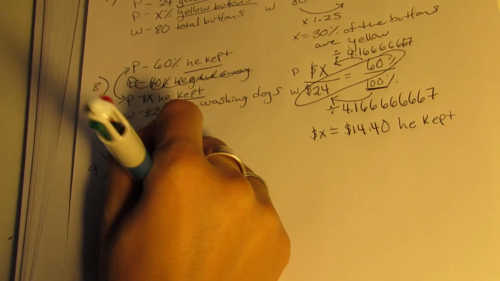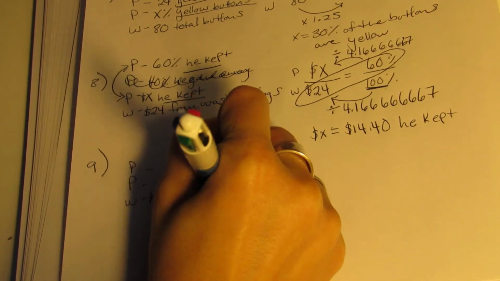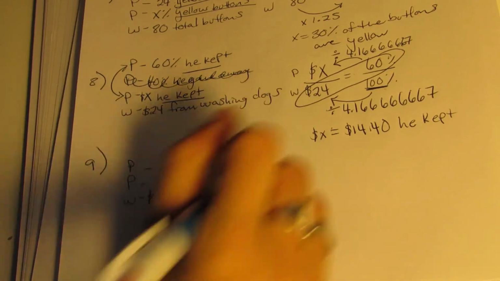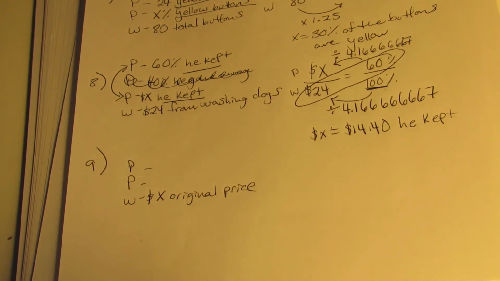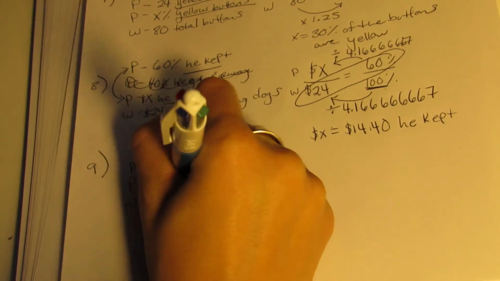So we don't know what the original price is of those tennis shoes. That's what we're trying to figure out. Now let's go back and look at the two pieces of information they give us. It says a pair of tennis shoes was discounted for 20%, so I'm going to say 20% discount.